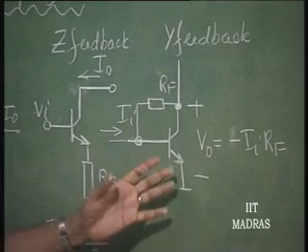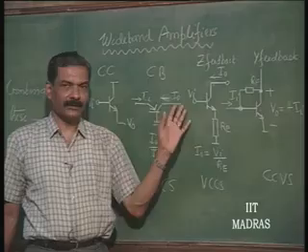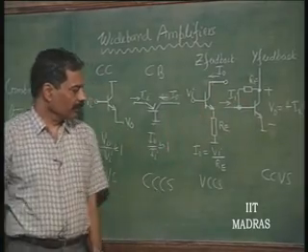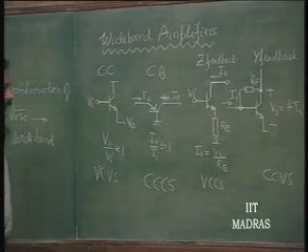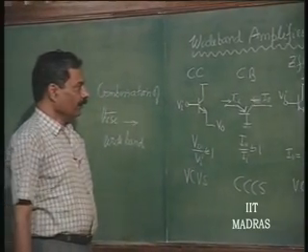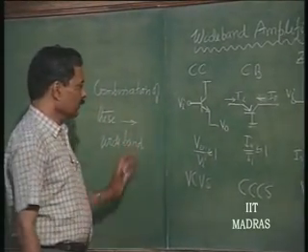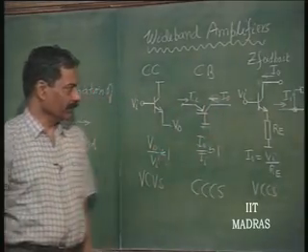If I want a current controlled current source, I combine this with this, I put this first and next. So, I can therefore build up wideband structure by combining any one of these suitably.